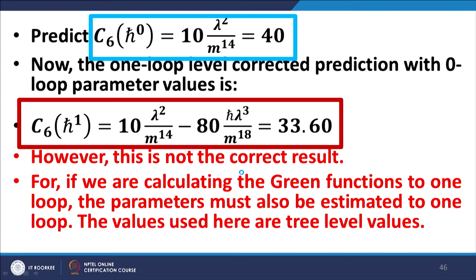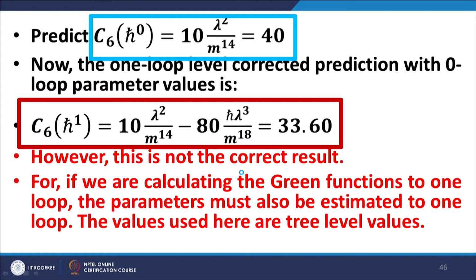Now, let us say we want to work out, or somebody has worked out, the C6 value at one loop level. When the 6-point Green function is worked out at one loop level, the expression is found to be given in the red box here. This is very important: the value of C6 at H1, on the basis of the parameters m and lambda worked out at the tree level, that is at the H0 level, works out to 33.60.